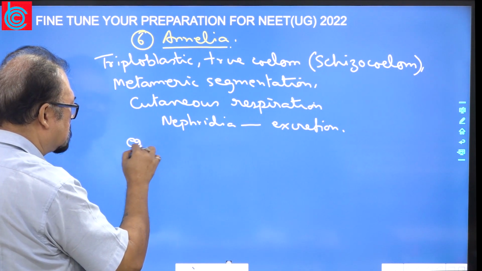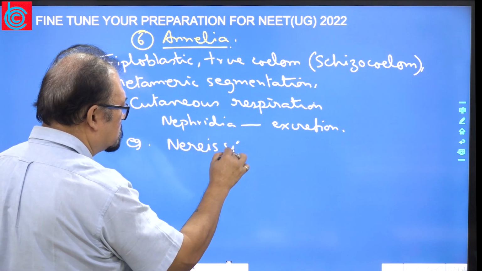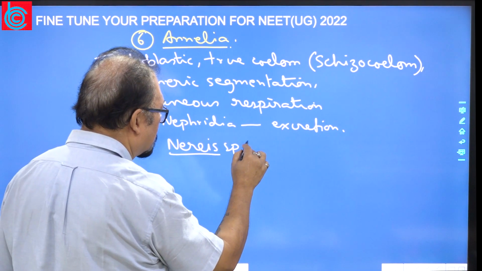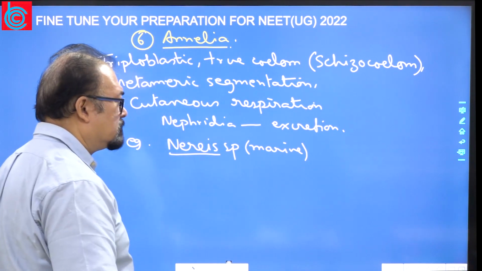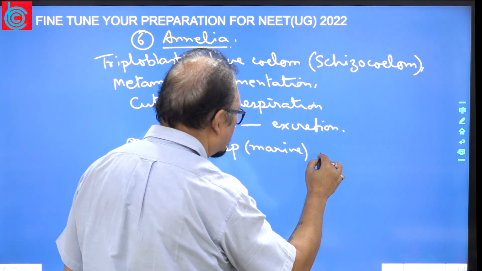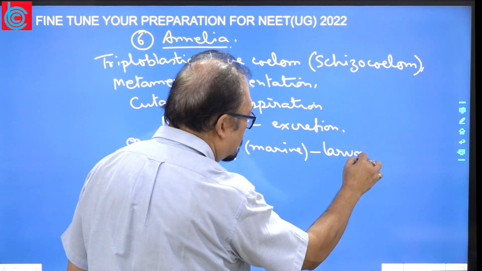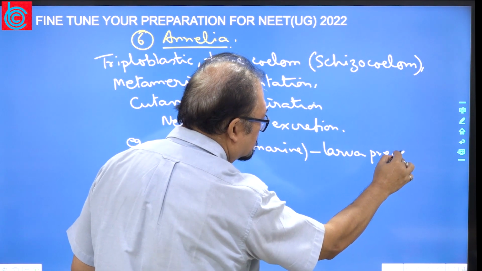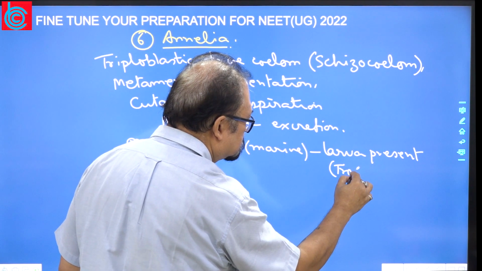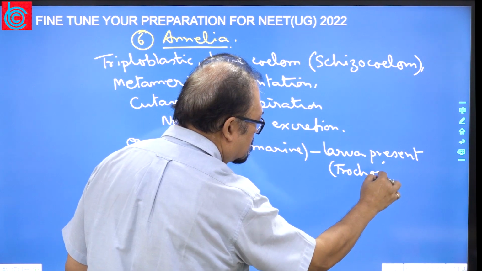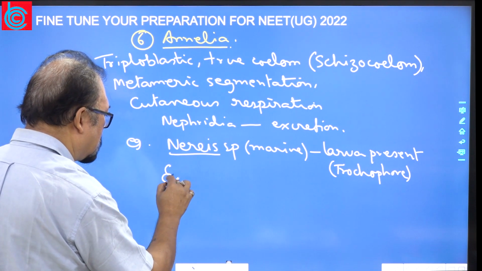Example, Nereis, Aphrodite. Larva present. Which larva? Trochophore larva. Earthworm.